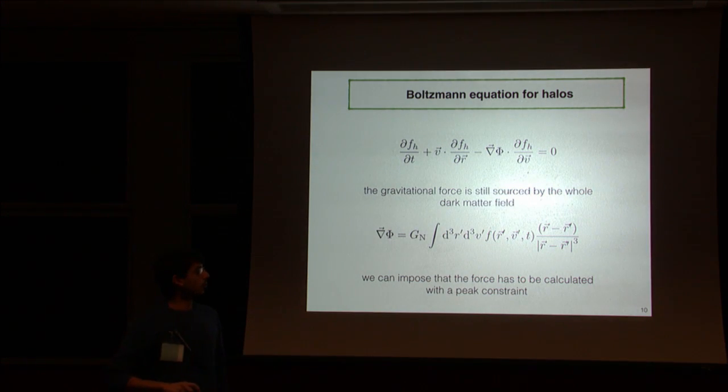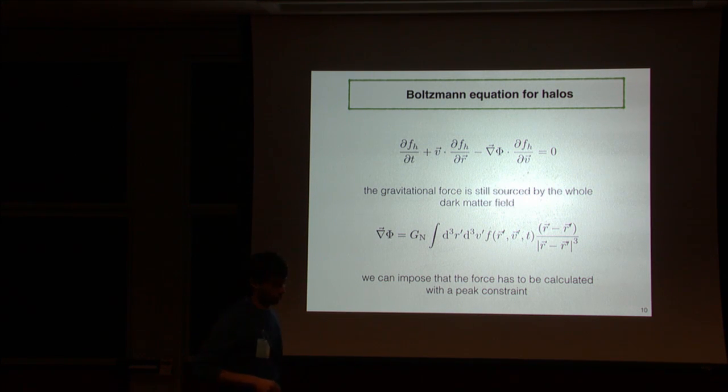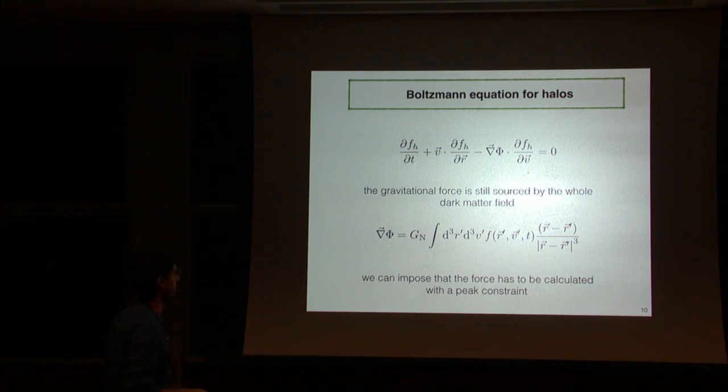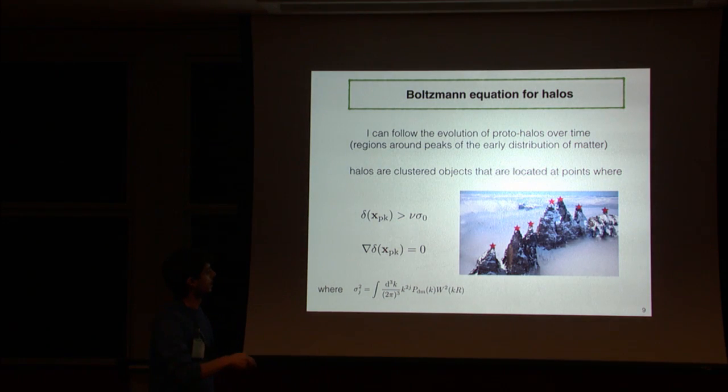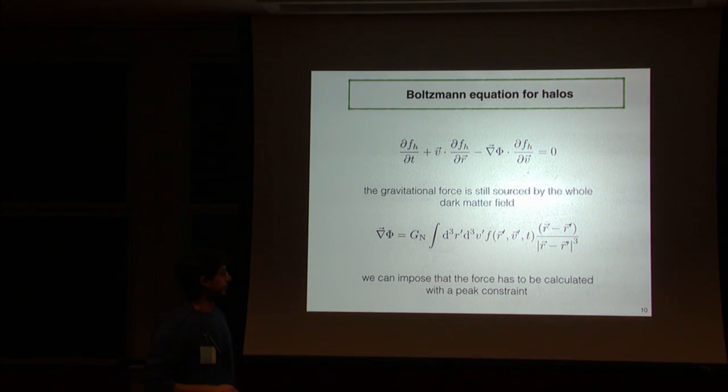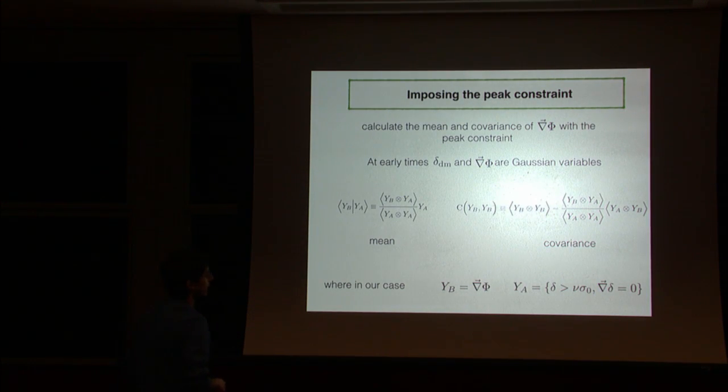And so where do I put now this information? One idea could be to ask how I expect the fact that the gravitational force is acting on halos and on the whole dark matter field. I could try to impose this peak constraint on the force, and I can do it by looking at the statistics of this grad phi, by studying the mean and the covariance of grad phi.